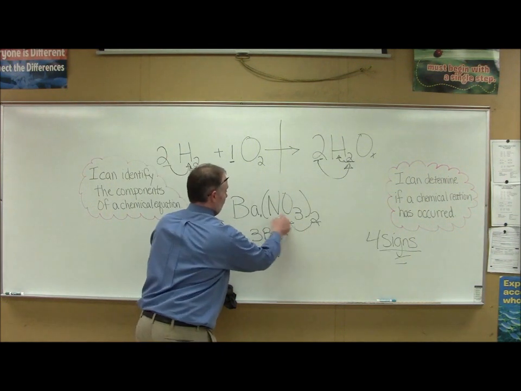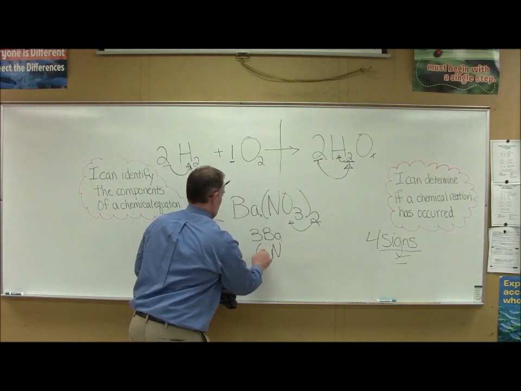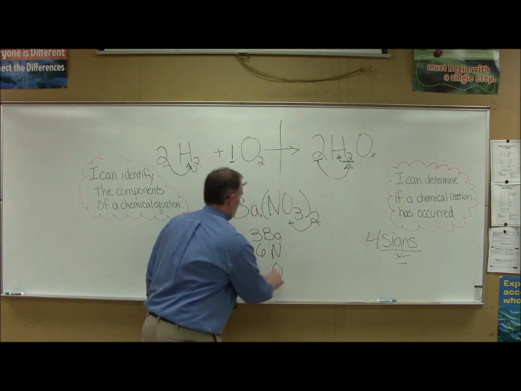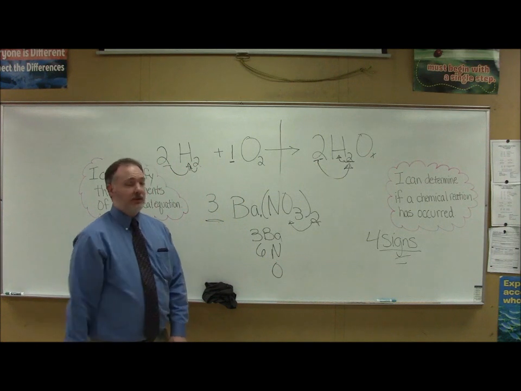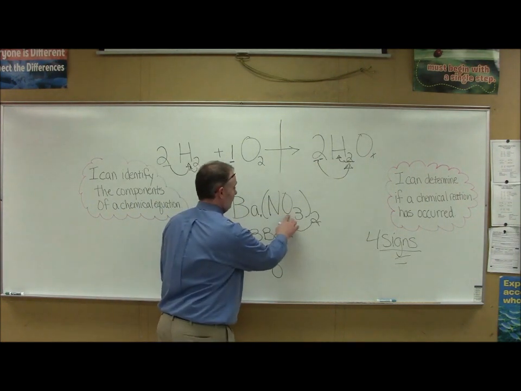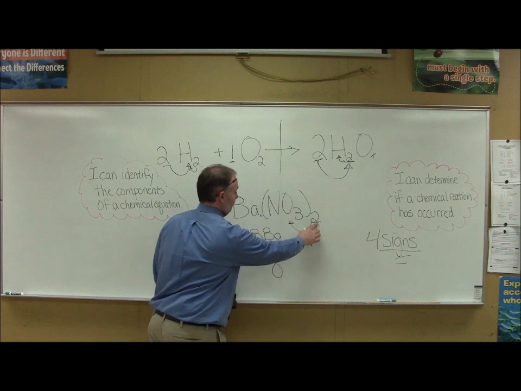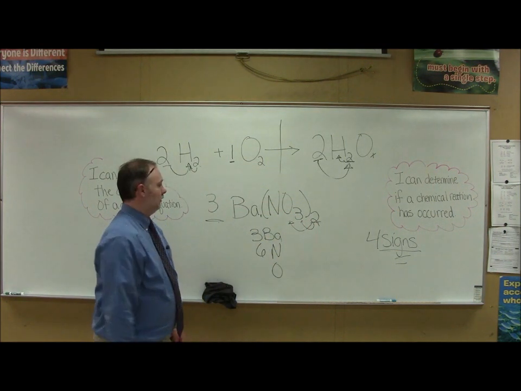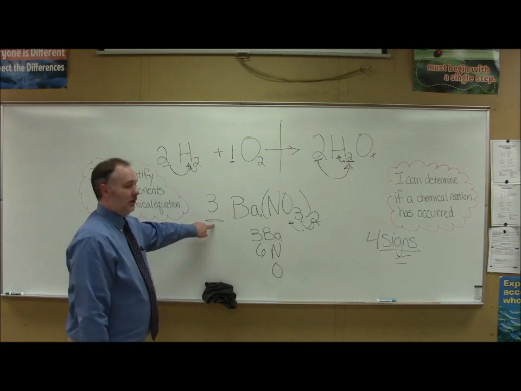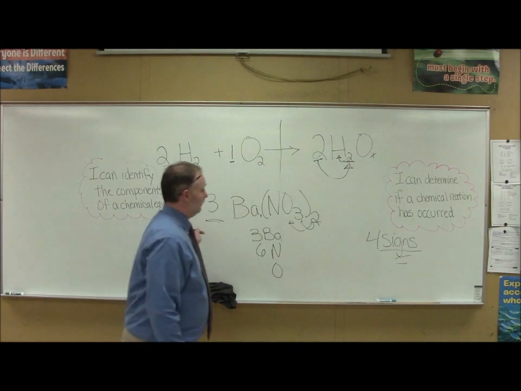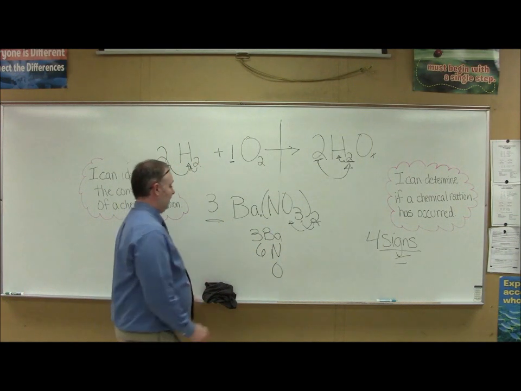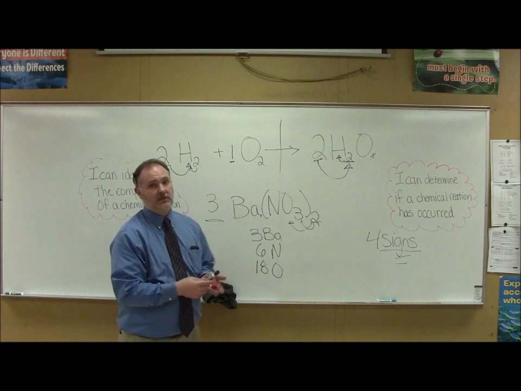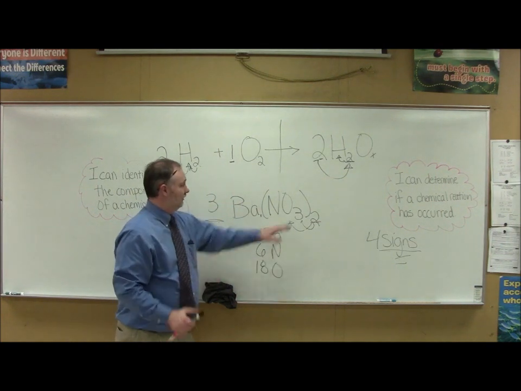These 2 have to get multiplied for nitrogen: 6. And now oxygen, we got 3 different things here that you got to worry about. There's 3 inside the parenthesis. There's a 2 going with it, so there's 6. But then you also have a 3 in front that goes to the whole formula. So 6 times 3, you have a total of 18 oxygen. So that's how you would do something like that.